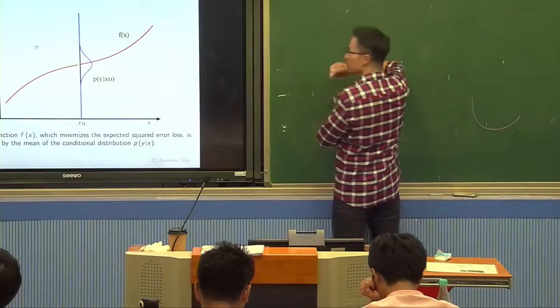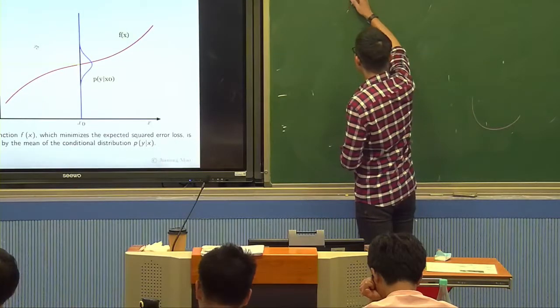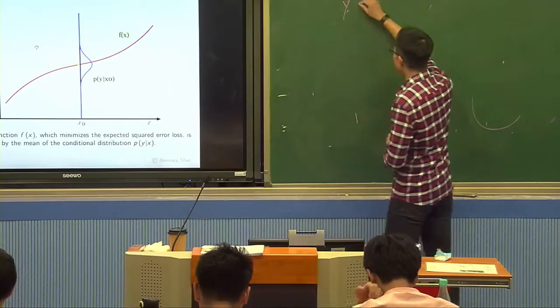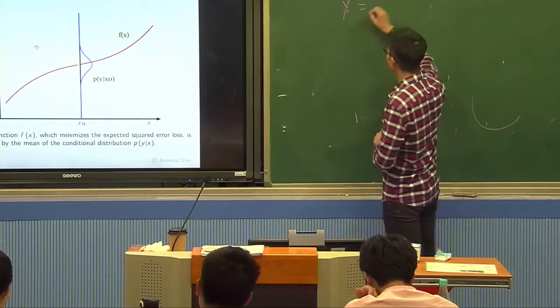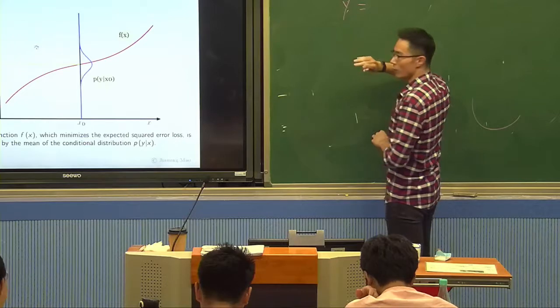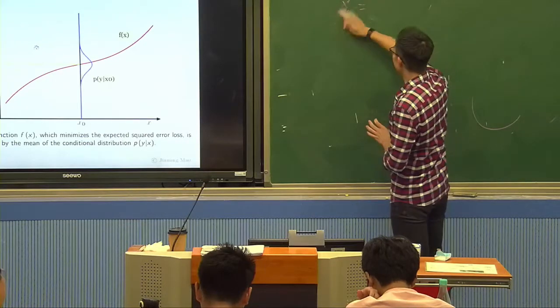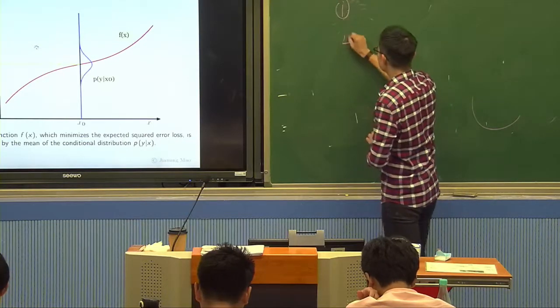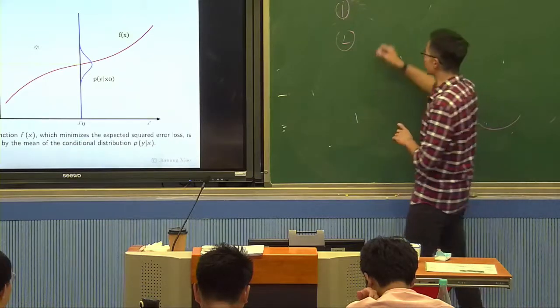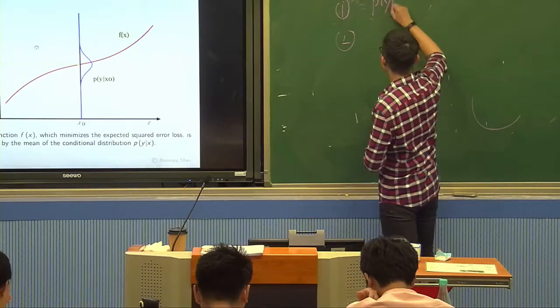So I just said that when y is completely determined by x, then we have y equal to f(x). But if y is not completely determined by x, then we have a two-step procedure. The first step is I estimate p(y given x).